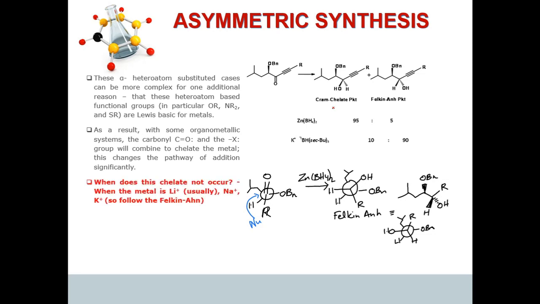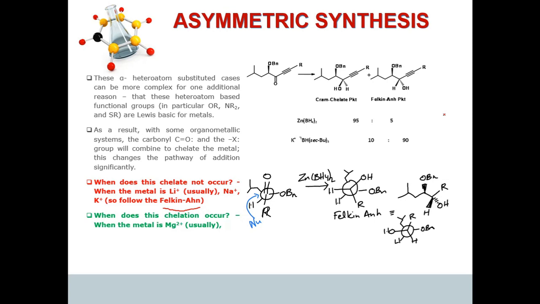When does this chelation not occur? When the metal is lithium, sodium, or potassium, or when the oxidation states are +1, the reaction follows a Felkin-Anh model. Now when does this chelation occur?